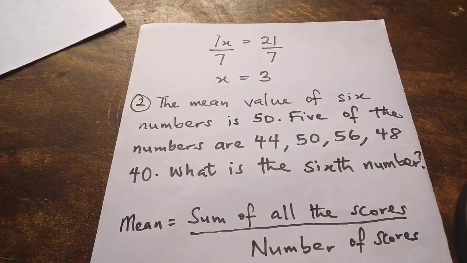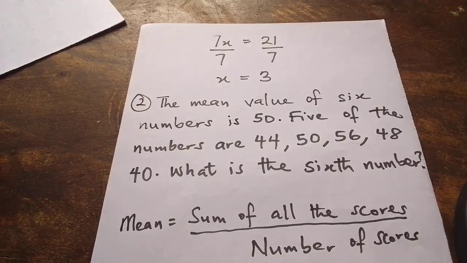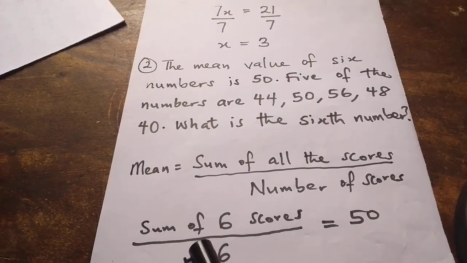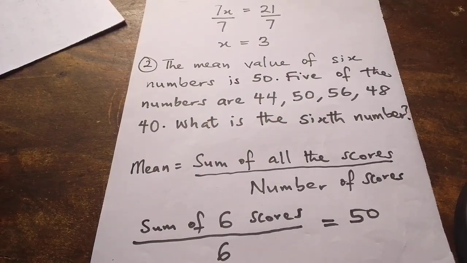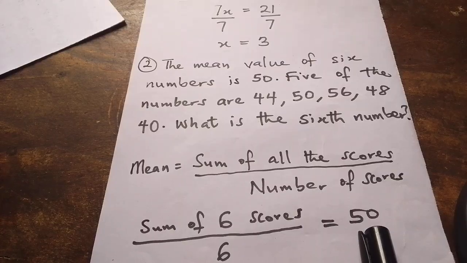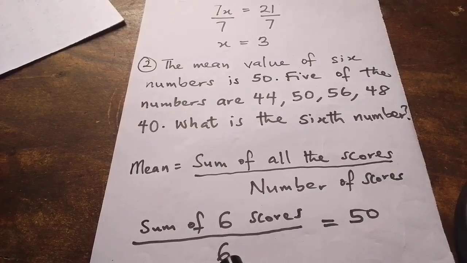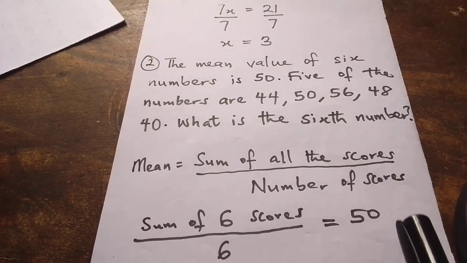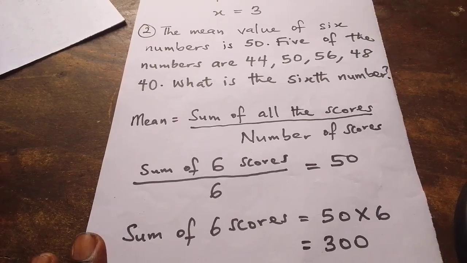If you look at it, the sum of the 6 scores divided by 6 should be equal to 50. So now, what is the sum of the 6 scores? So you cross multiply. 6 times 50 will give us 300.